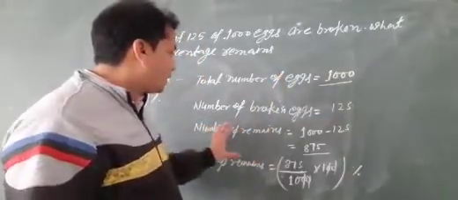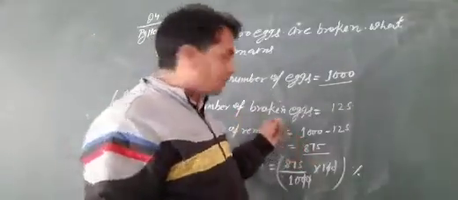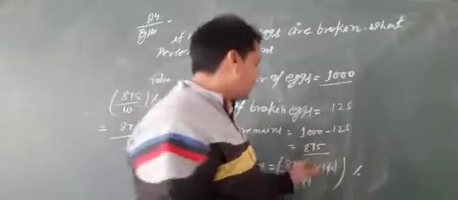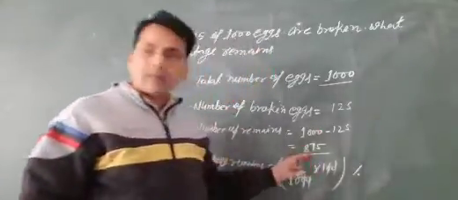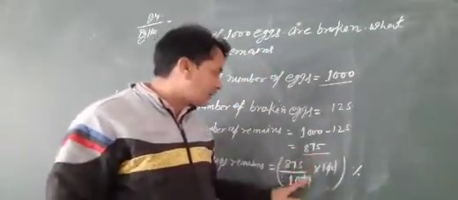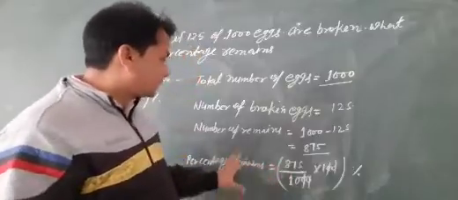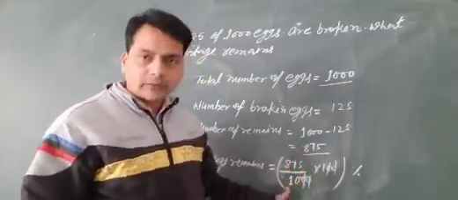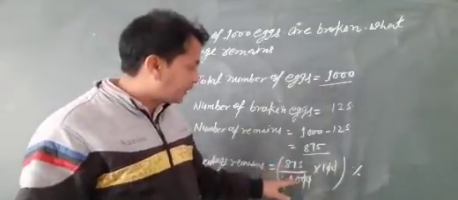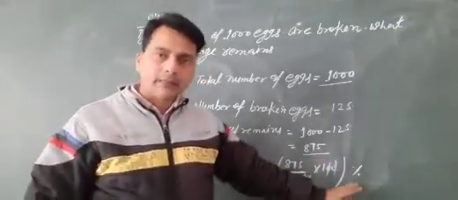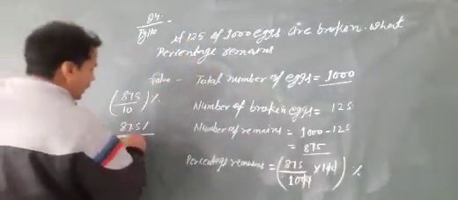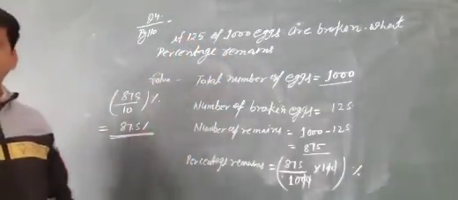The number of remaining eggs that are not broken is 1000 minus 125, which equals 875. Then changing to a percentage, 875 out of 1000, that is 875 by 1000 into 100 with the percentage sign. So we can write 87.5%.